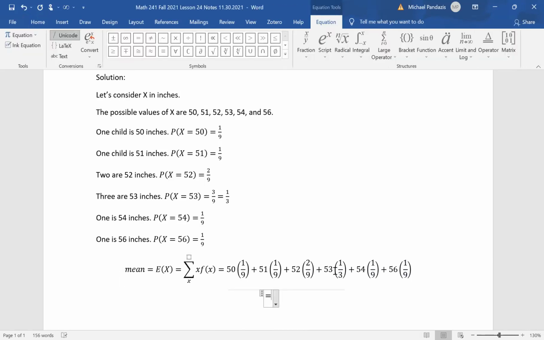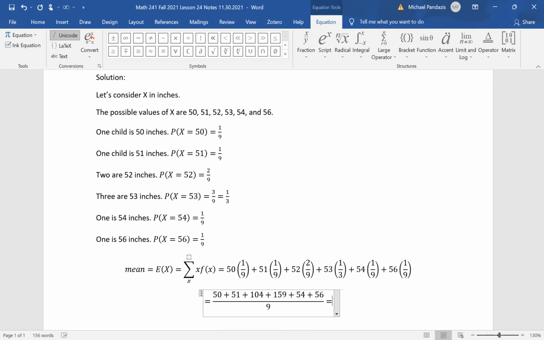Okay, so you add up those products, and so you get the fraction, so that you can make the denominator 9. The numerator is 50 plus 51 plus 2 times 52, which is 104, plus 3 times 53 is 159, plus 54, plus 56. Okay, so you're just adding up those numbers.